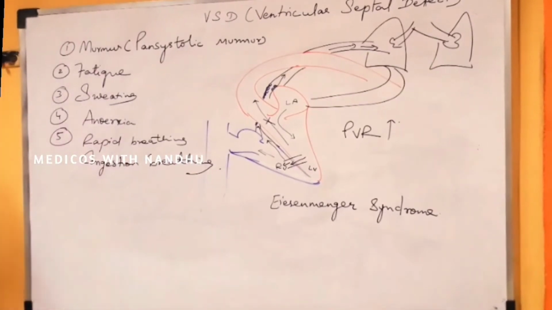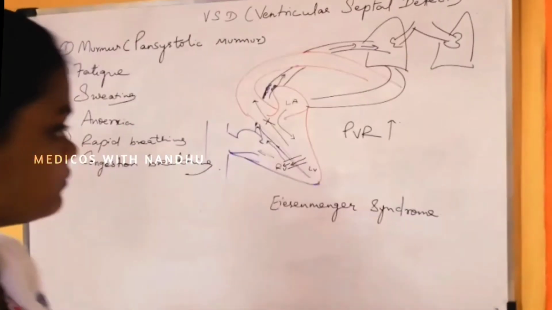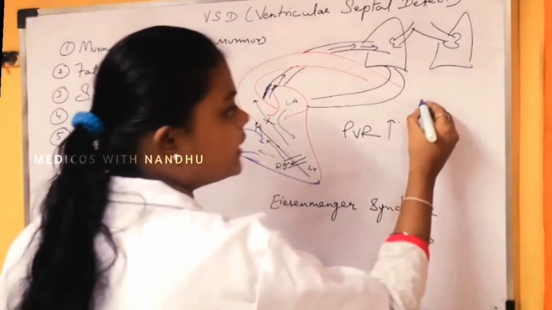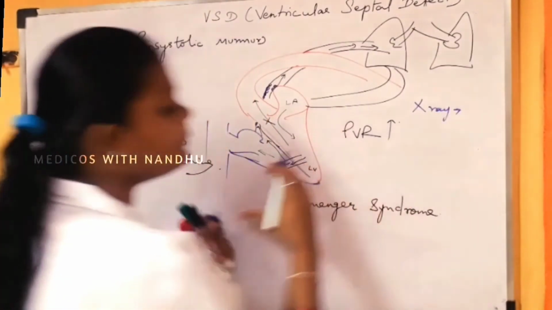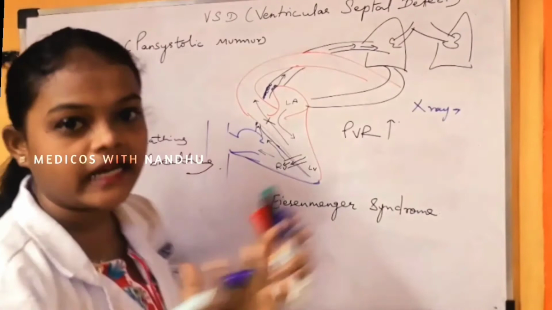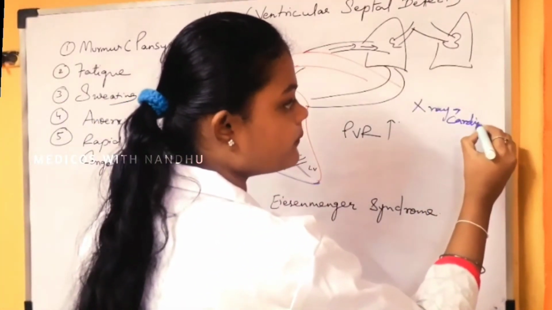So these are some symptoms. And coming to diagnosis, in X-ray we can diagnose cardiomegaly. Okay, the heart becomes enlarged, and hypertrophy and dilation will be there. So cardiomegaly in X-ray.